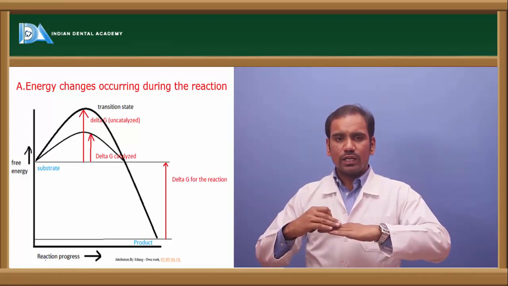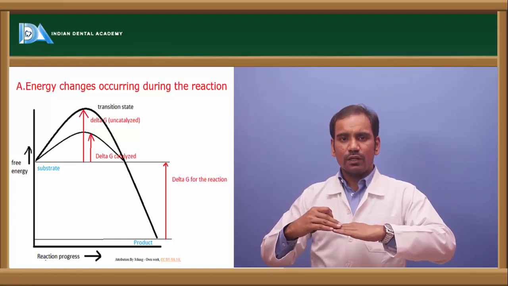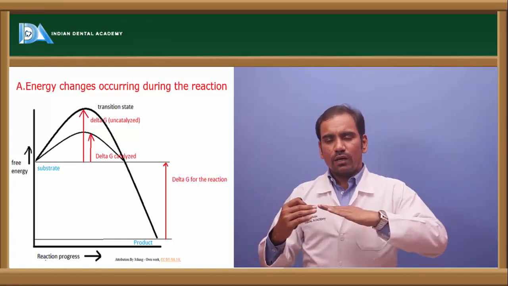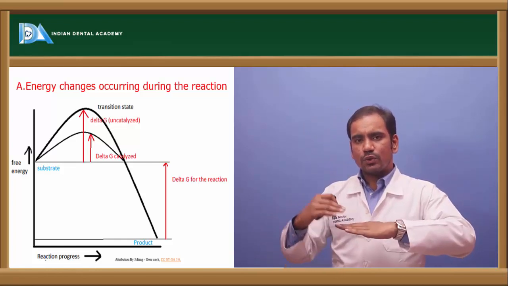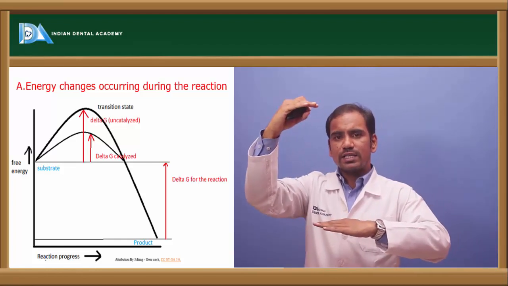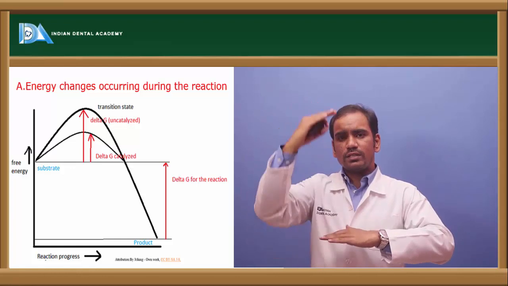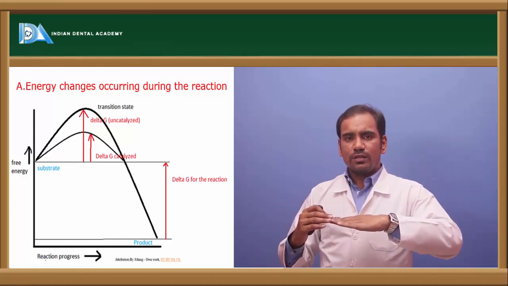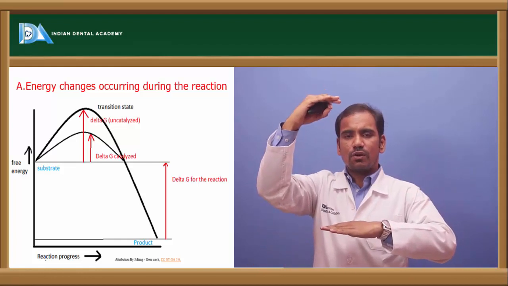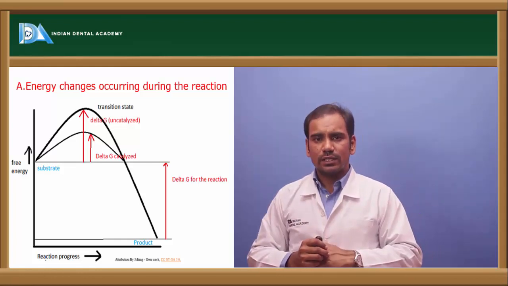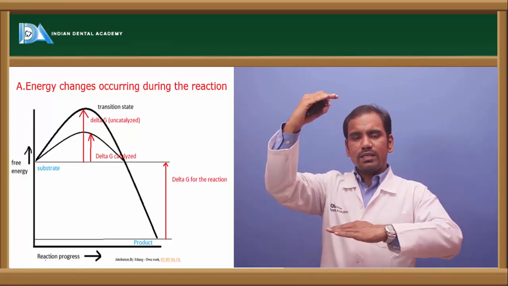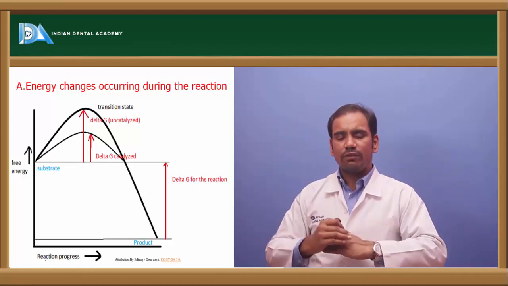From the ground state we have to shift the substrate to a high energy state, called the transition state, which requires energy. That energy difference between the substrate state and the transition state is called the activation energy. And the function of enzymes here is that they decrease this activation energy.